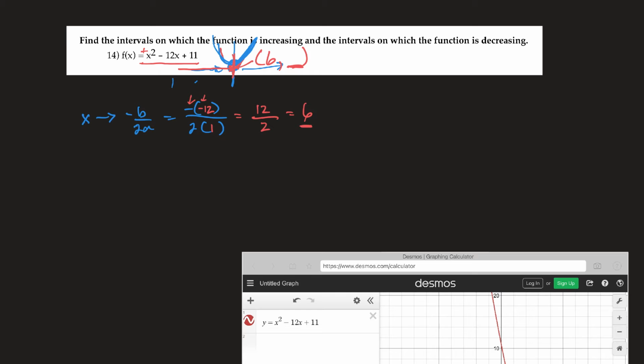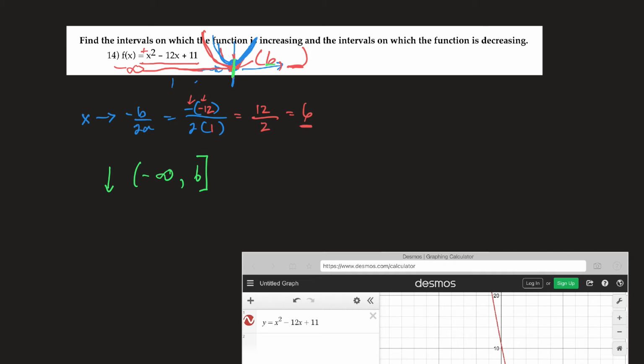So the interval that the function is decreasing is this one. It's coming down here. The interval would start at negative infinity and go all the way up until that point right there, which is 6. So I would say the function is decreasing from negative infinity to 6, not including 6.